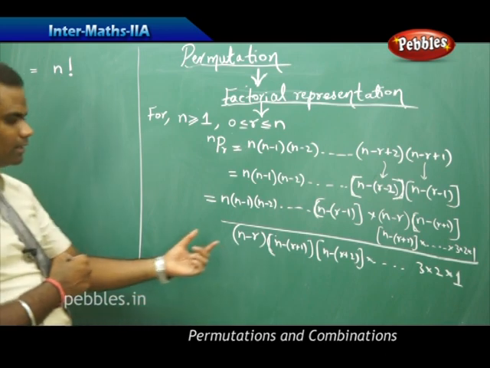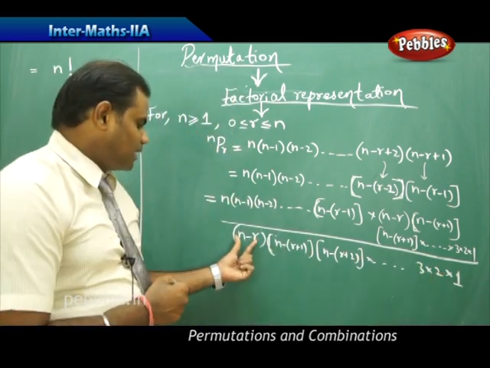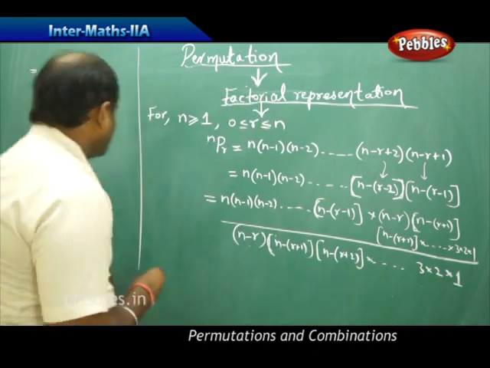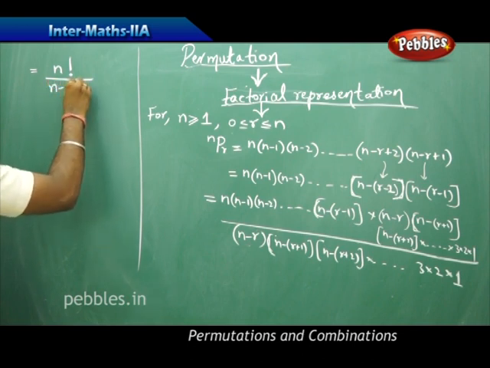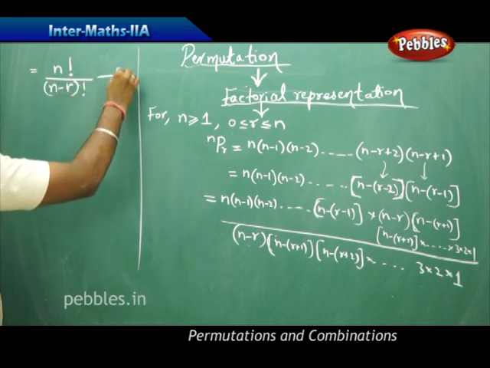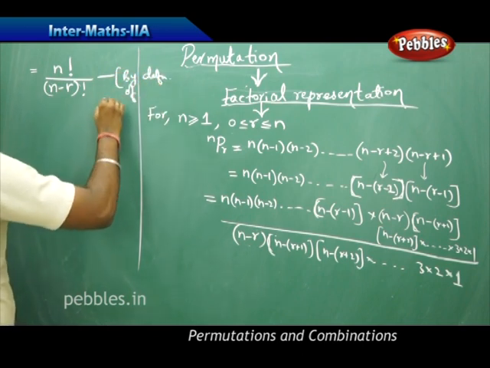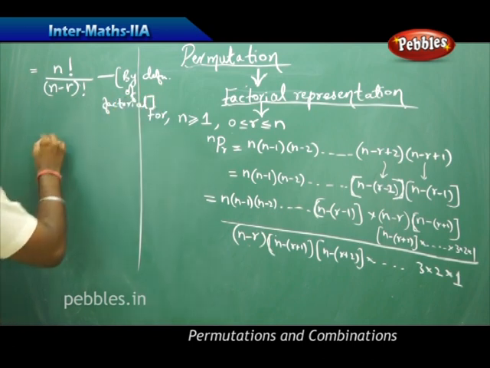And similarly, each of these is also decreasing by 1 unit. We see that n minus r is reducing by 1 unit till it reaches 1. So therefore, n minus r can also be written as a factorial, because this is strictly by the definition of factorial, as we have seen.